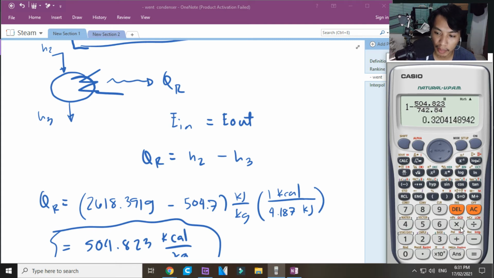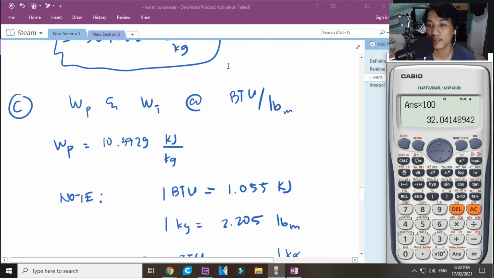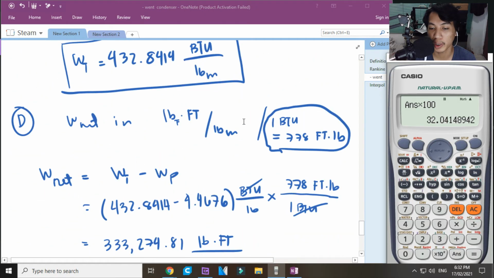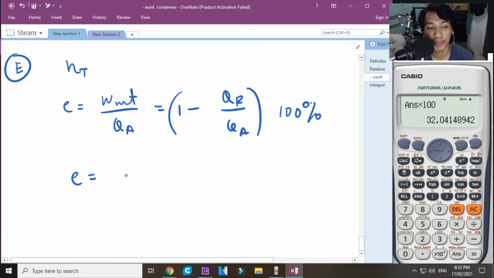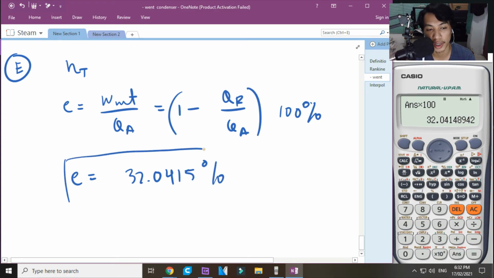Multiply natin ng 100%. Ang lalabas is tama yan. Pag below 40 or almost 40 pero hindi bababa ng 20%, that is Rankine cycle. Mostly correct ang answer mo pag ganyang range. So that is 32.0415%. That is the efficiency, normal efficiency ng Rankine cycle.